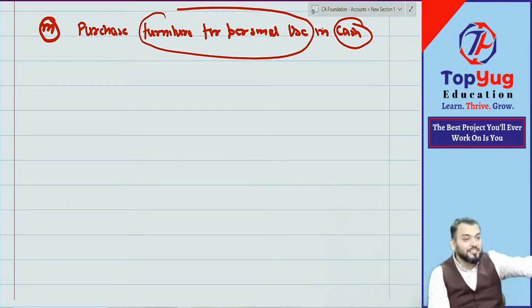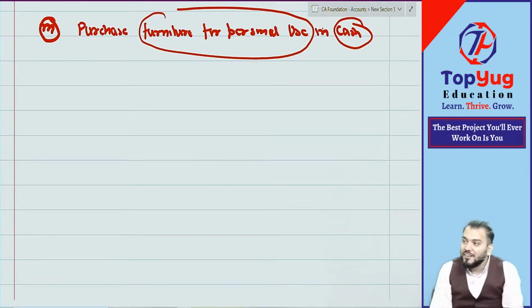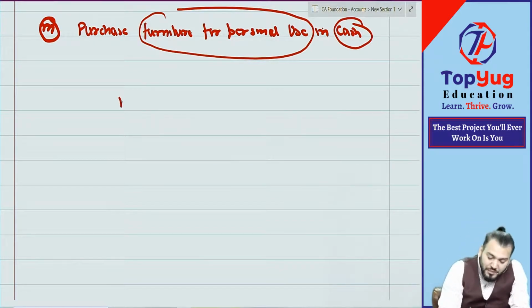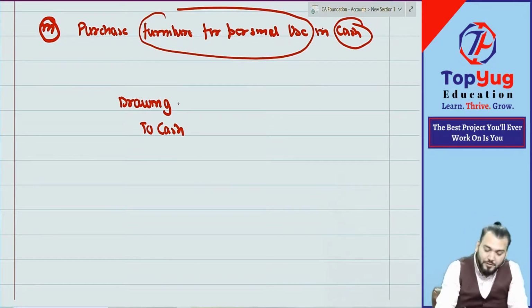We have not opened cash account in the last example. For this also we will not open furniture account. Anything used for personal purpose, which account? Drawing account. It means the first aspect will be drawing. And what is going out? Cash is going out. Understood? Drawing account debit to cash.